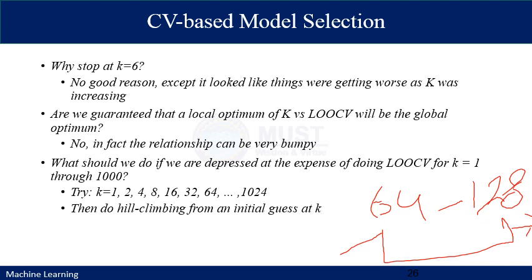Then you pick this subset and do hill climbing from the initial guess at this k, and then you can optimize the algorithm with respect to this subset.